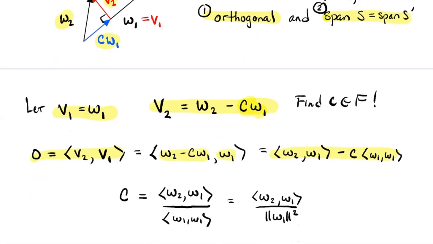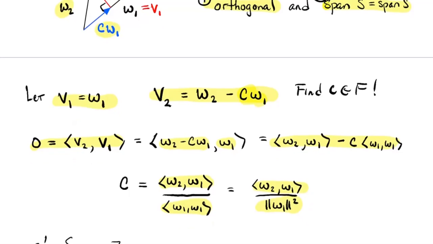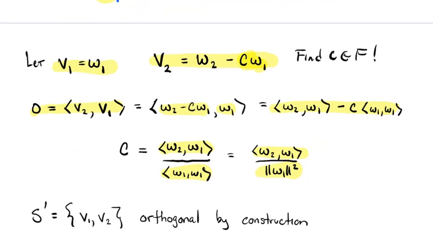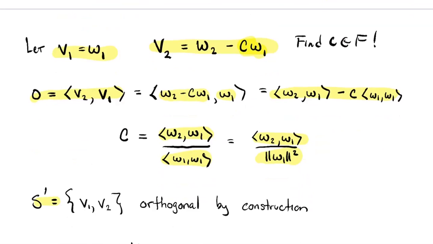I can solve that equation for C. If W1 is an element of a linearly independent set, it's not 0, so I can divide by the inner product of W1 with itself, that is the length of W1 squared. So I get that the scalar C is the inner product of W2 with W1 over the length of W1 squared. Okay, so this new set is orthogonal by construction and hence linearly independent.